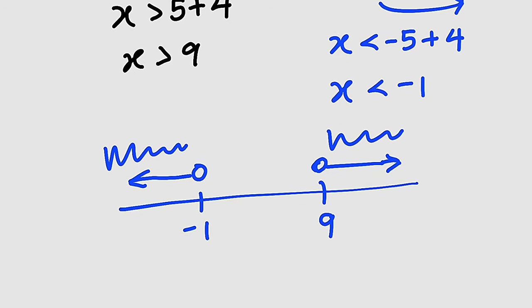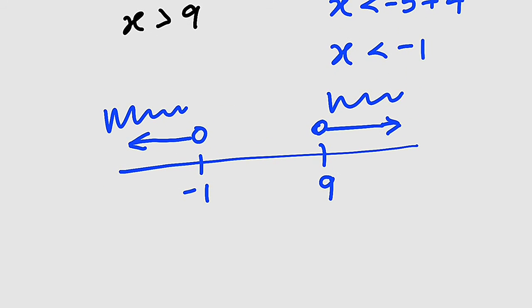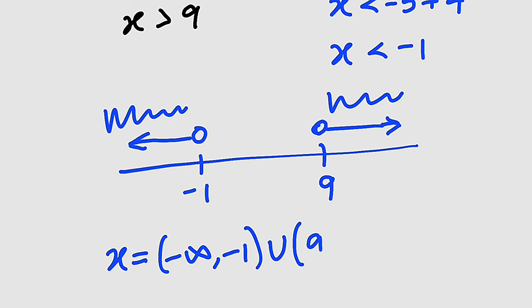So how can we combine it using interval notation? We can say that x is equal to the set of numbers from negative infinity to -1, union, then from 9 to positive infinity. And this is just the solution to this problem.